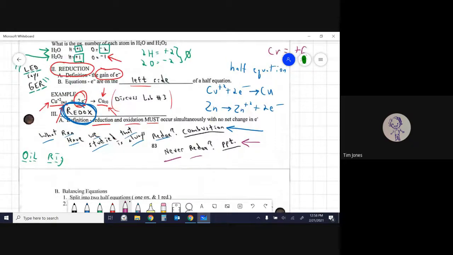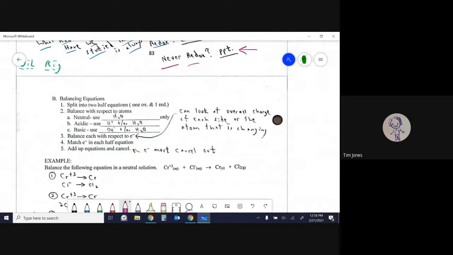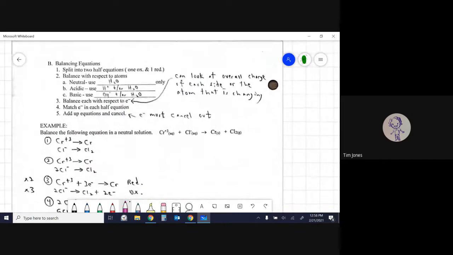All right, balancing redox equations. This is one of those big steps in your education in chemistry. This is one of the big defining moments between first year and AP. It gets a little messy because what we have to do is we have to balance the atoms, like always.